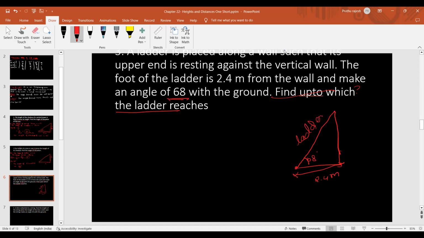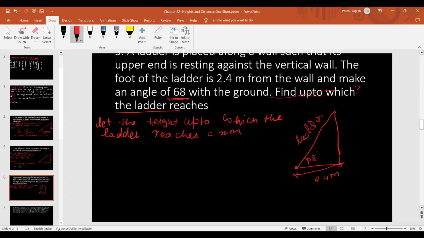Let us assume the height up to which the ladder reaches is equal to x meters.